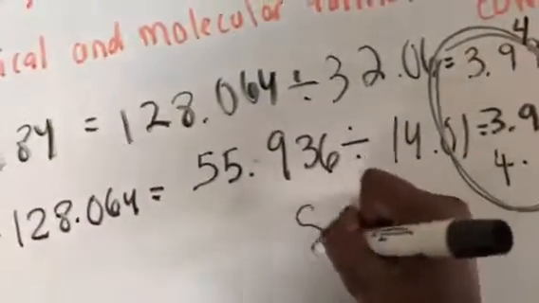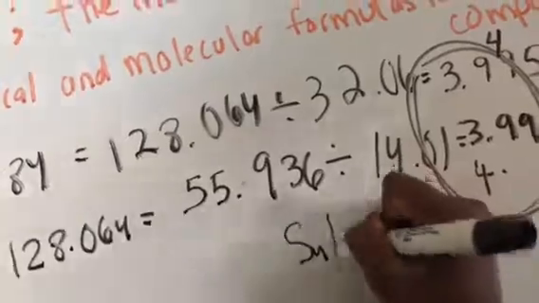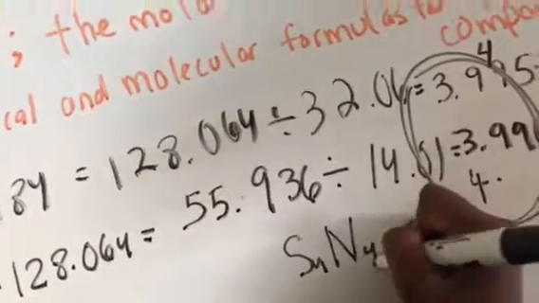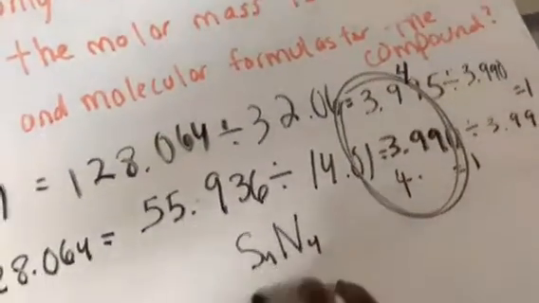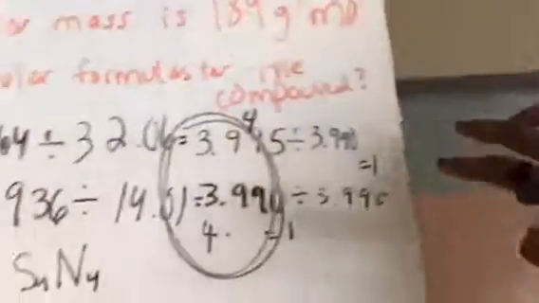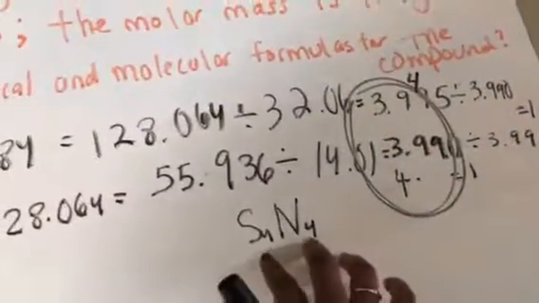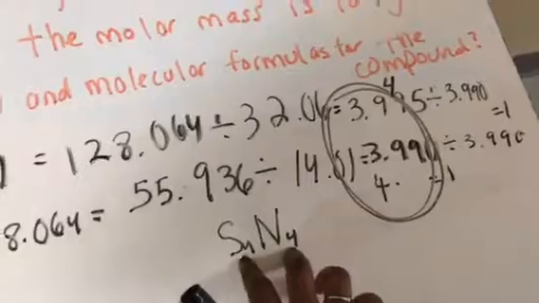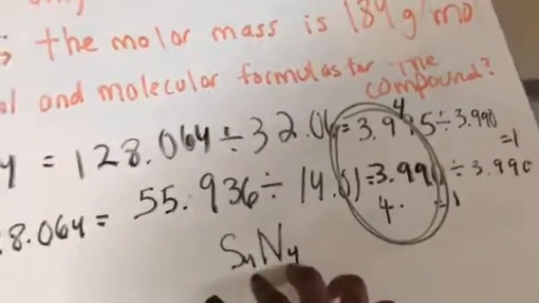So that would be S4N4. And notice how this is the same ratio that we have in the empirical formula, 1-to-1. That always happens with the empirical formula in relation to the molecular formula.